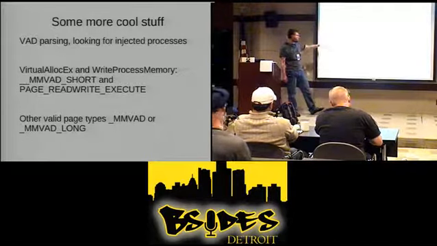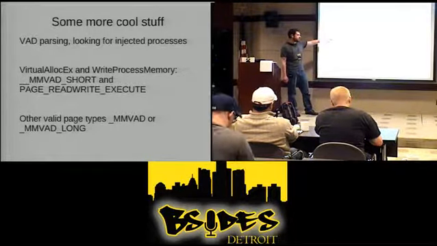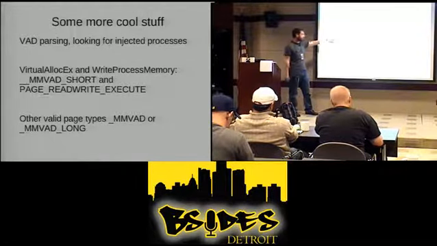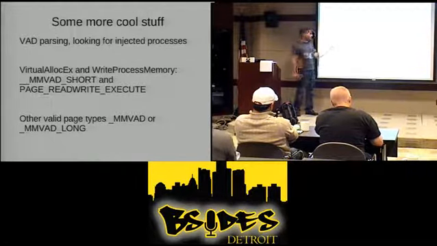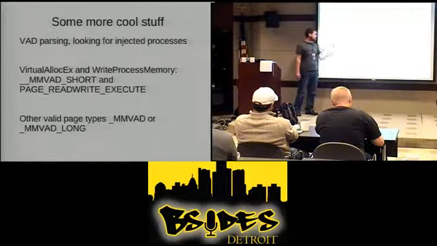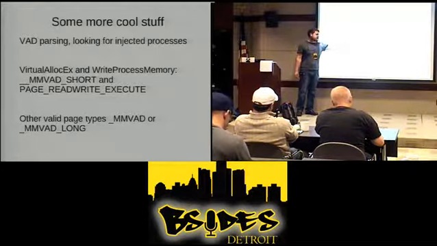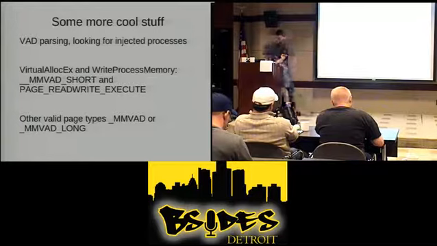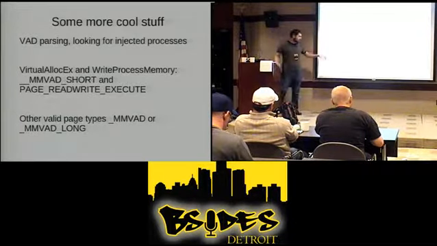What those do is they create a VAD page of the type MMVAD_SHORT, and it has the permissions of PAGE_EXECUTE_READWRITE and no cache, which I didn't put on here, but we'll see that in a second.